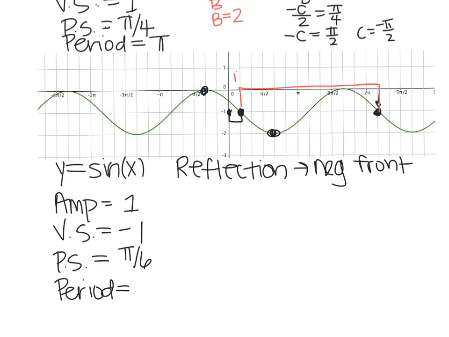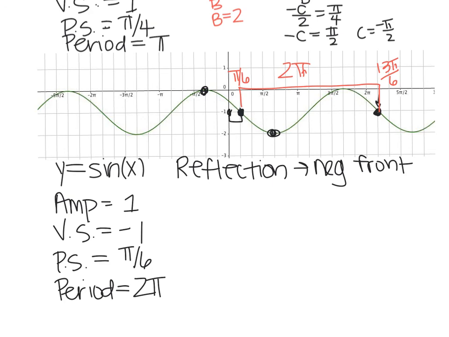This starts at pi over 6, and if I end one full cycle later, I'm going to end at 13 pi over 6. So the distance from pi over 6 to 13 pi over 6 gives us 2 pi. So the period is going to be 2 pi.